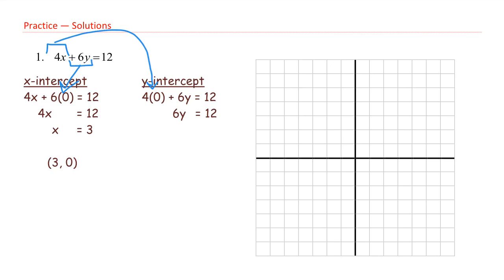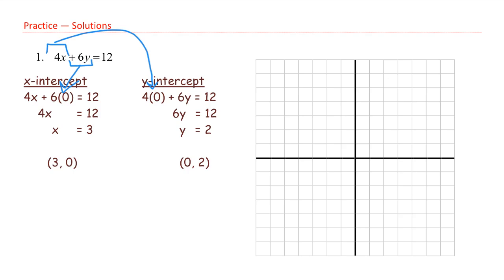So we can simplify the left side and write our equation as 6y equals 12. When we solve this equation, we end up with y equals 2. And that gives us our y-intercept. To write this as an ordered pair, we write the ordered pair 0, 2. And now we have both of our intercepts.